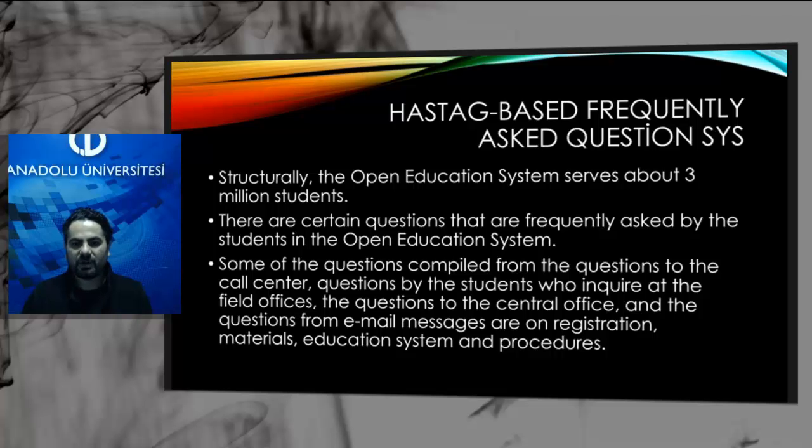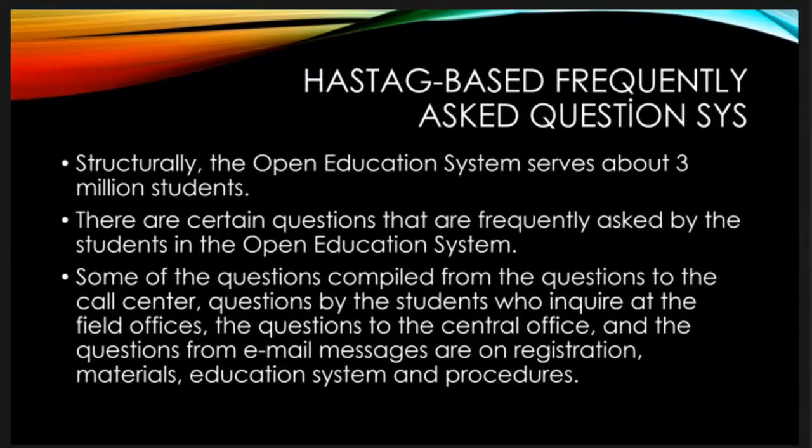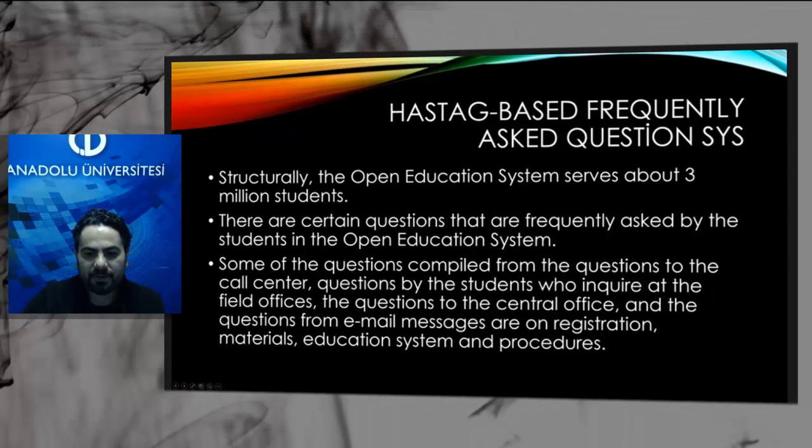Some of these questions are compiled from questions to the call center, questions by students who inquire at the field offices, questions to the central office, and questions from email messages, on registration, materials, education system, and procedures. About all these question types, students can search in the sensitive search bar on the first page of the system and find related answers provided by experts and students.